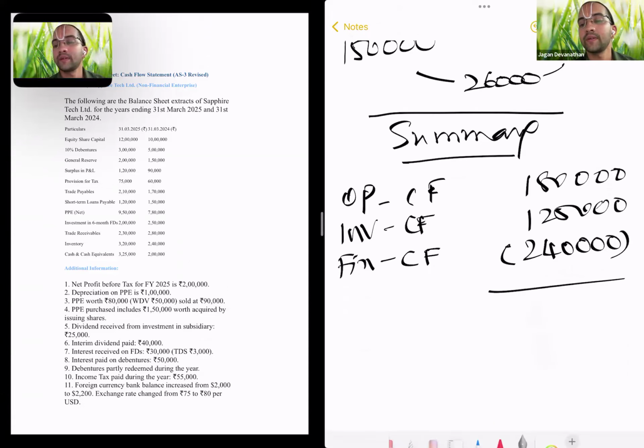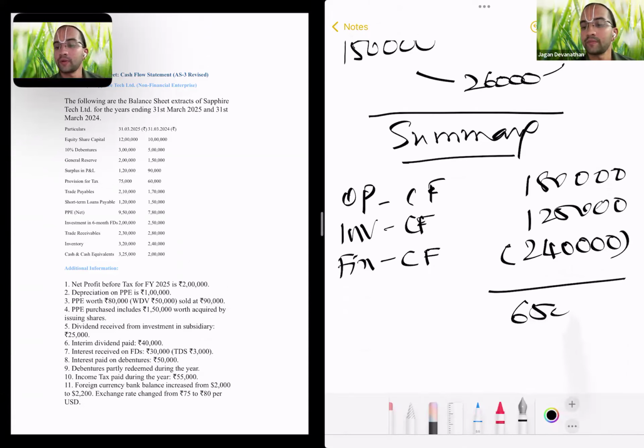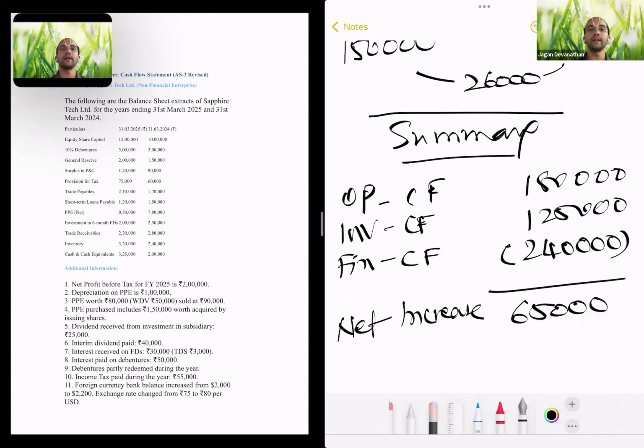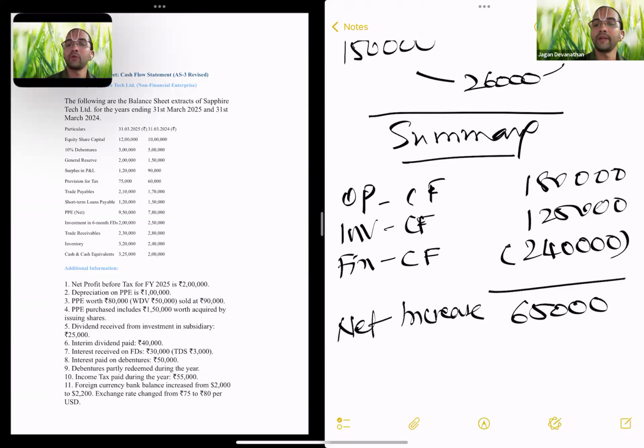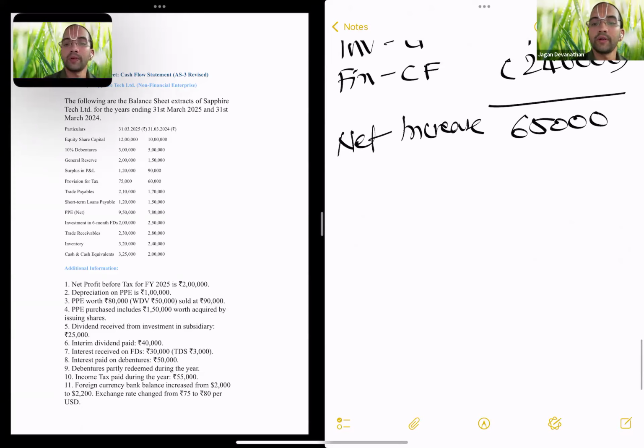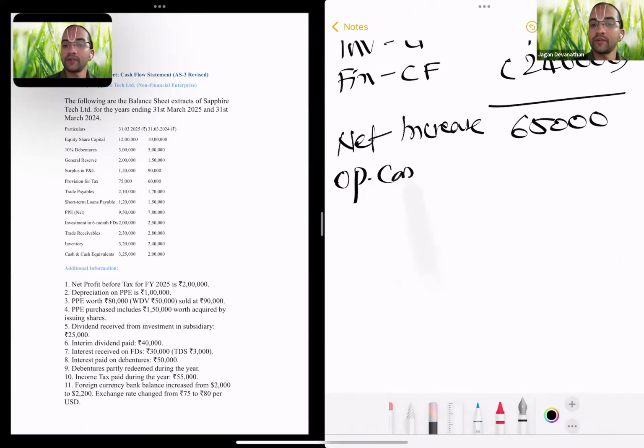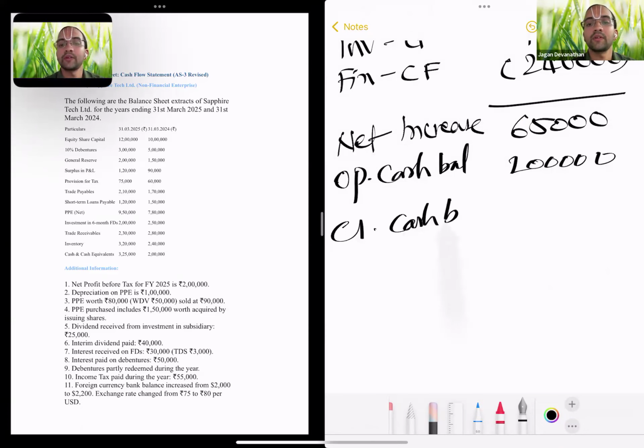Net increase is 65,000. What is the opening cash balance? Opening cash balance is 2 lakhs. Closing cash balance is 2,65,000.